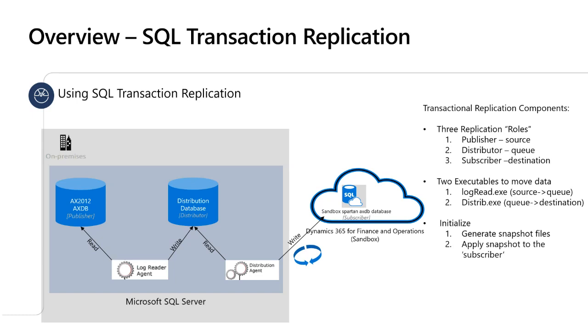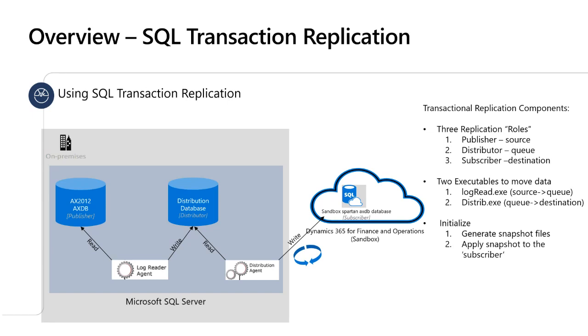Then it has a distribution database, which is a database instance that acts as a store for replication specific data associated with one or more publishers, right? Once you set up SQL transaction replication using this toolkit, a new distribution database gets created in the source database server, which is the AX2012 database server.